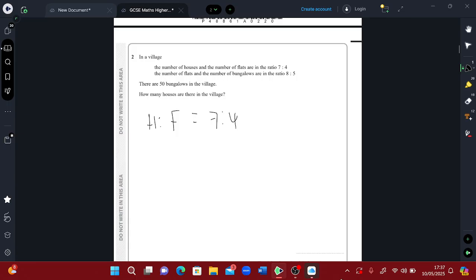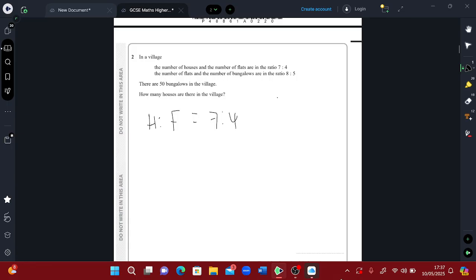So with ratios, what I would say is you can make one of them 1, or some number. And I think the best way is to divide by 4.